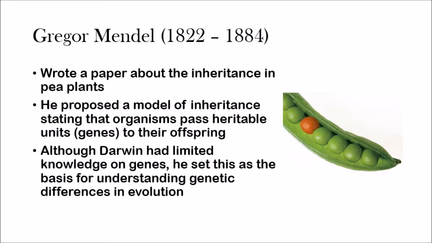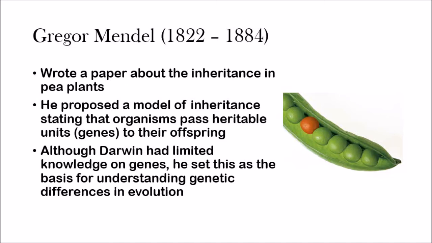Mendel wrote a paper about inheritance in pea plants and how these pea plants have different variations. If you look here, this pea within this pea plant is red, while the rest are green. So he ran multiple experiments in order to find out how genetics works. And genetics is the study of genes, and again, genes are like the blueprint for our body and all our traits.